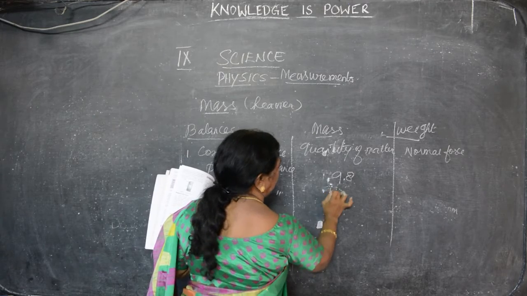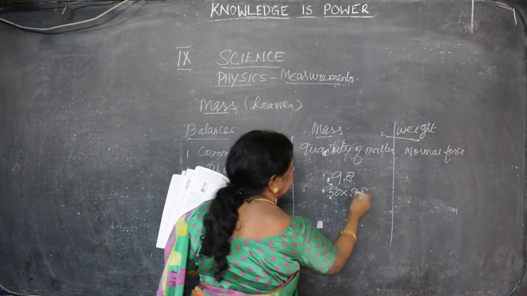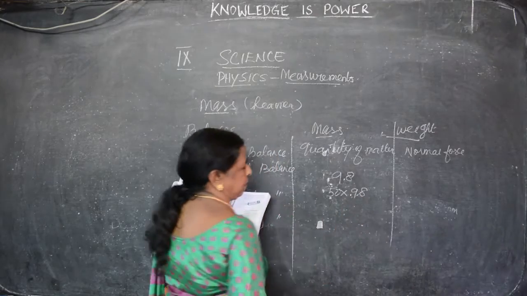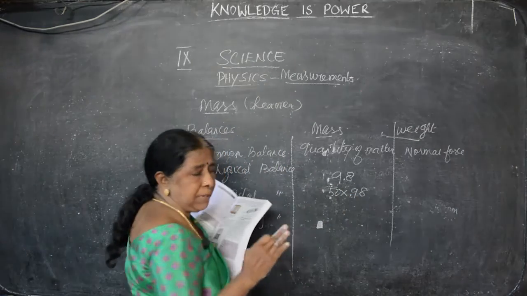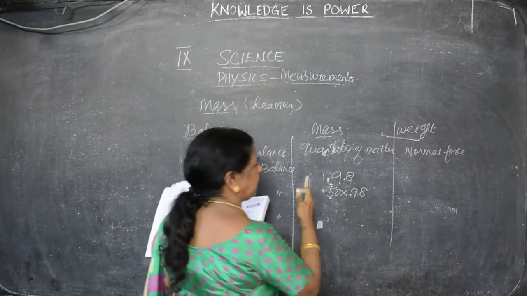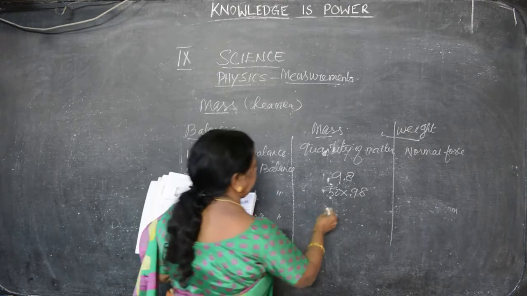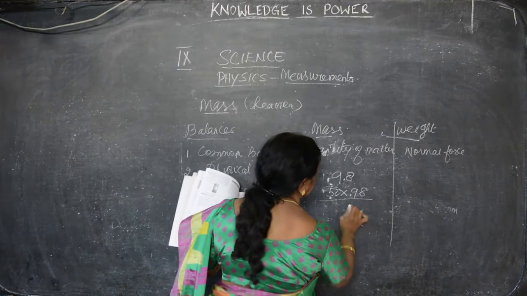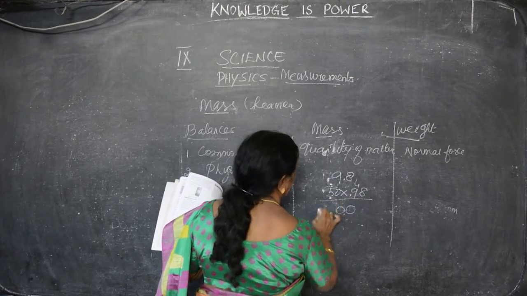Now 50 is the common thing. What is the gravitational force? 9.8. So by multiplying like that, we can find out the weight of a person. So the normal weight is 50 kgs. The approximate value is 9.8. We have to multiply: 5 nines are 45, plus 4, 49.